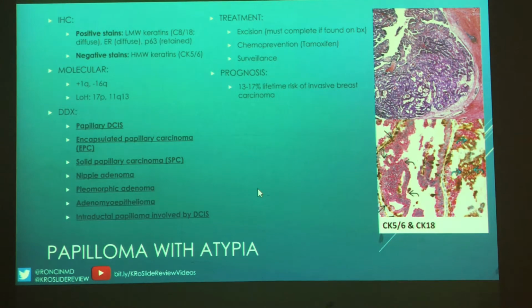And you're going to have that low-grade molecular phenotype, right? The gains of 1q, the losses of 16q. And for all these, it's the same differential as regular papillomas, papillomas with atypia, papillomas with DCIS, all those papillary lesions and everything else associated with either ADH or DCIS.